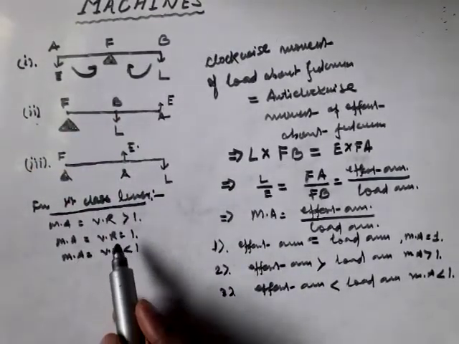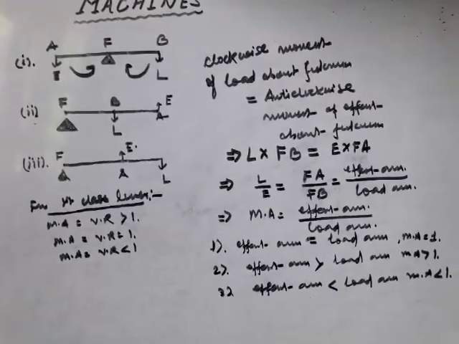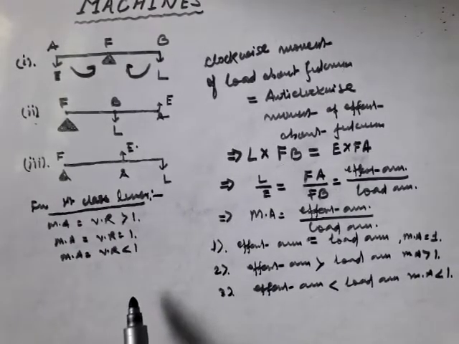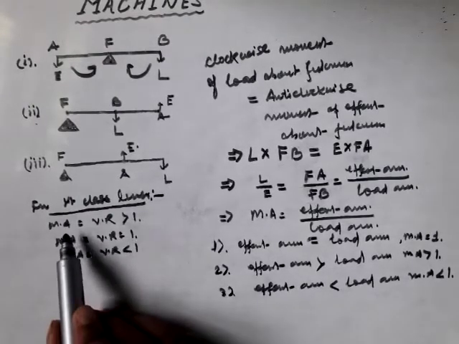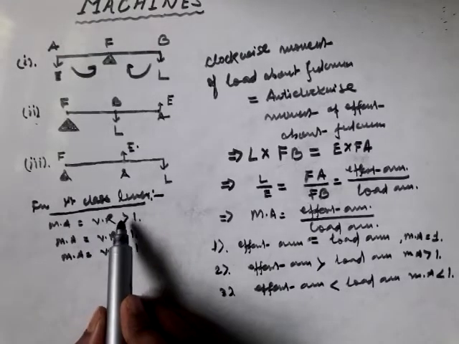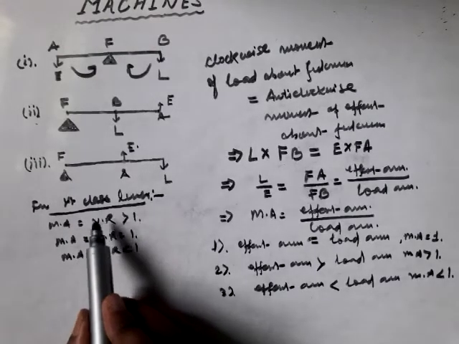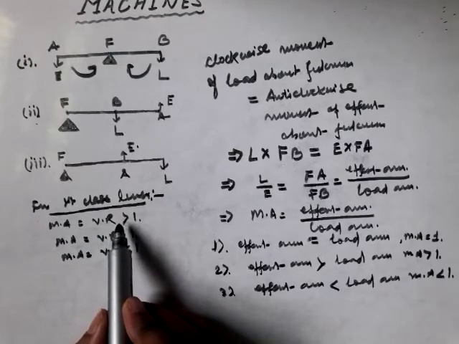So if the mechanical advantage is greater than 1, then the velocity ratio will also be greater than 1. Why? Because we are talking about an ideal machine, and in an ideal machine, mechanical advantage and velocity ratio are always equal.